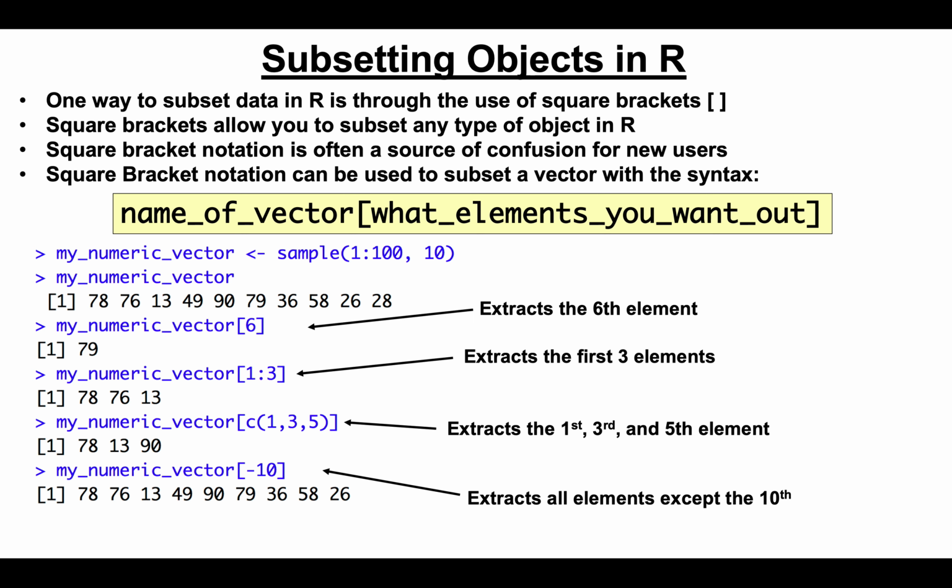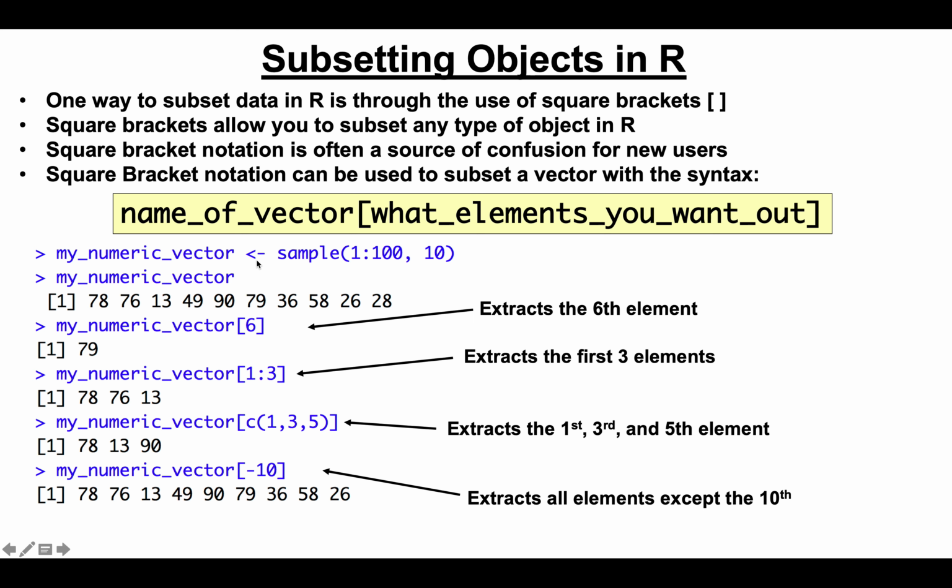The way that we can subset vectors in R is through the use of something called square bracket notation. So we use these square brackets, and that will allow us to subset a vector. I do want to mention that this does tend to be a source of confusion for new users, but hopefully we'll take it step by step here, and hopefully it'll make sense. But it can be the first place where people will stumble a little bit. You might have to do a little practicing to ingrain this.